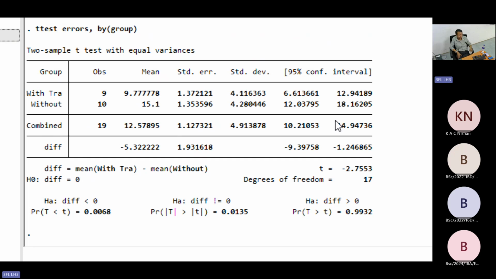Then you get a nice table. Sir, this is a nice table. So it's not having the column. It is a nice table made in that way.